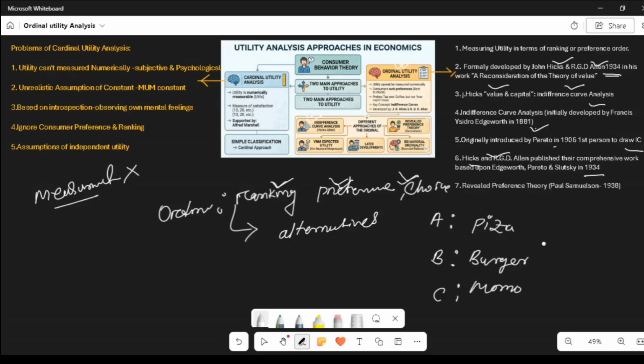It is difficult to measure the satisfaction and utility derived while consuming goods and services. But we can rank them, we can compare them.